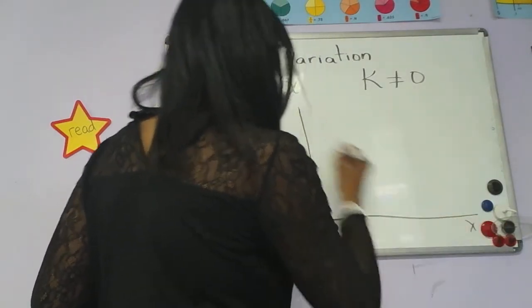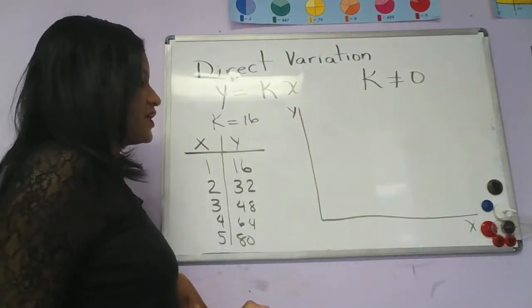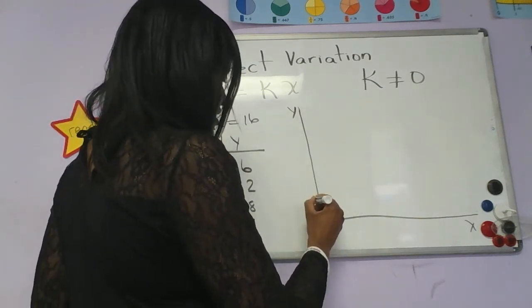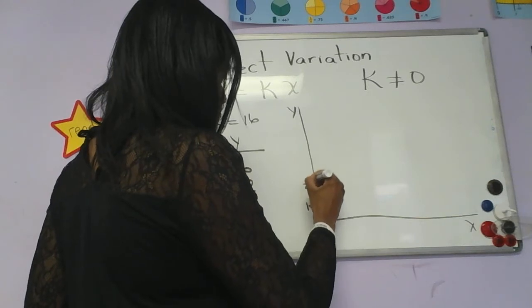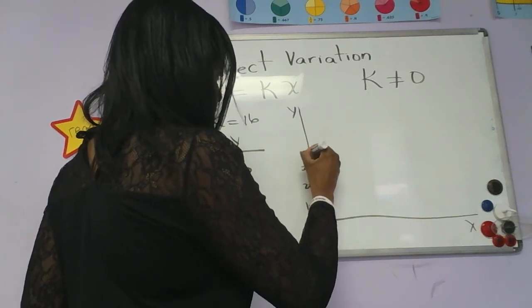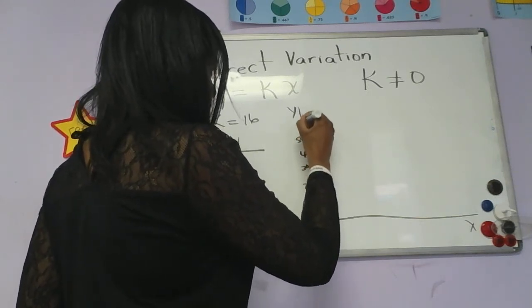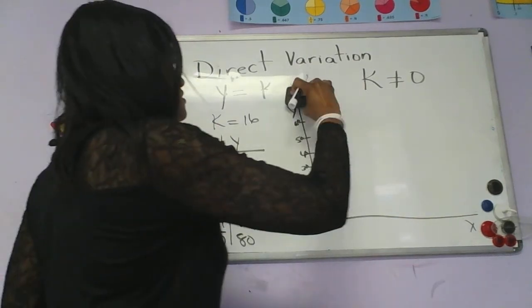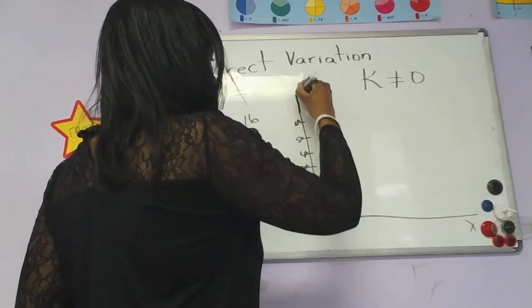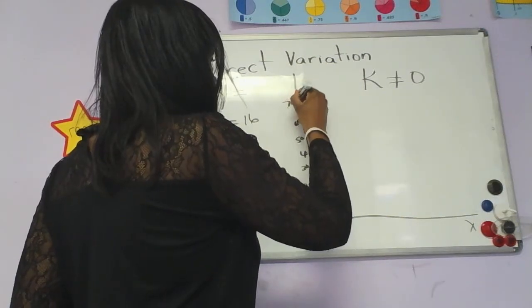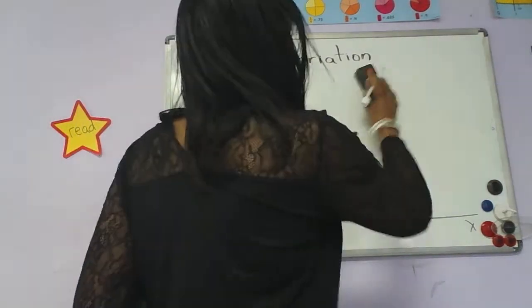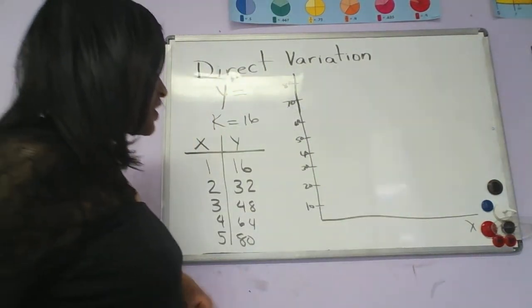So this is our X and Y axis right here. Our Y axis, we might need to count by, let's say, 10. Need a little bit more space. And then for our x-axis, we can count by 1.